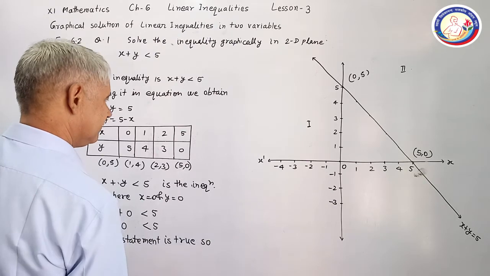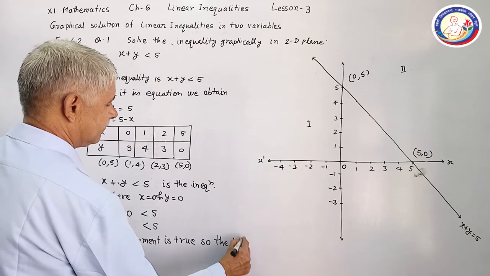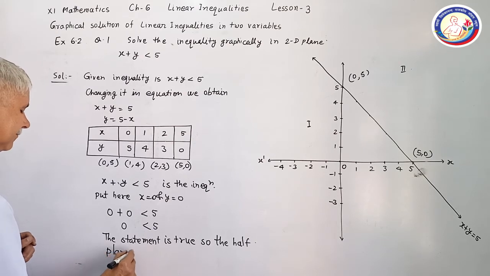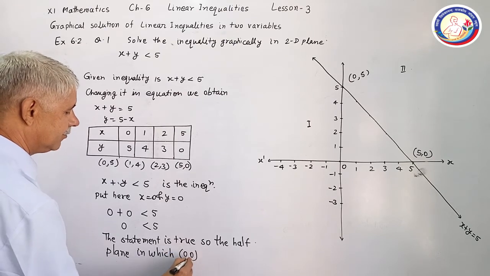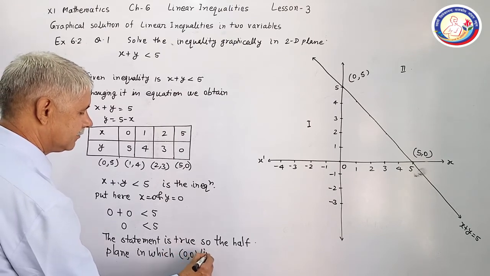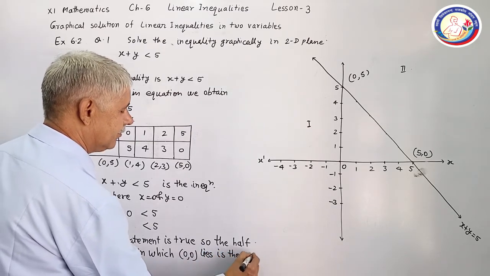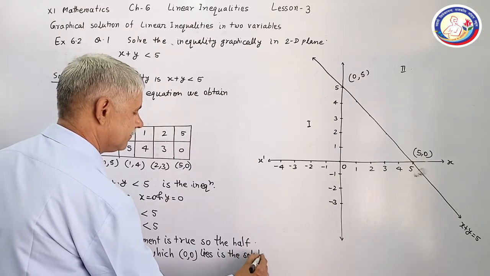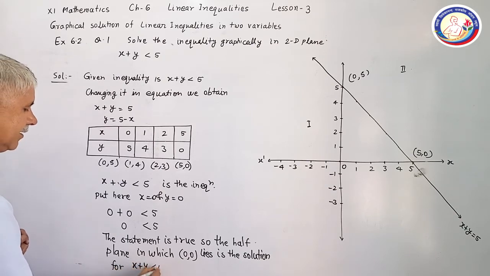So the plane in which point 0, 0 lies is the solution area, the solution for x plus y is less than 5.